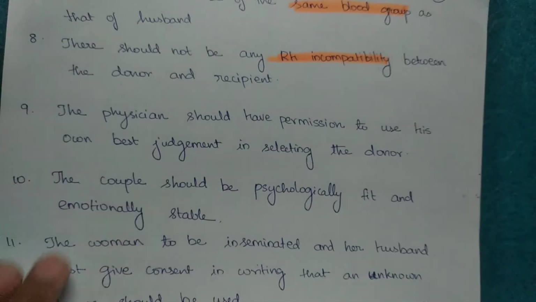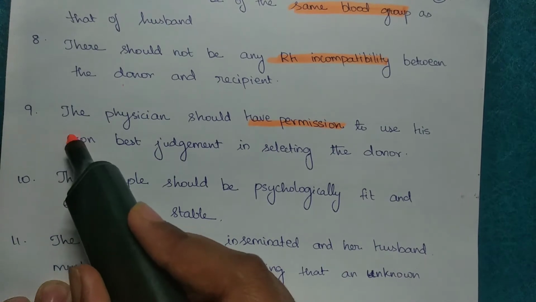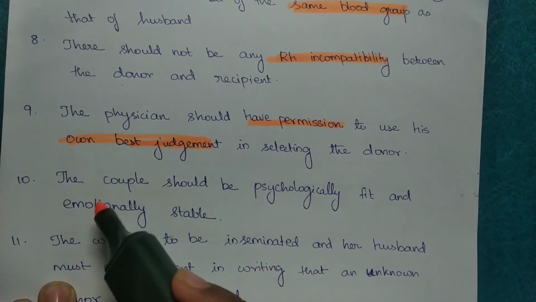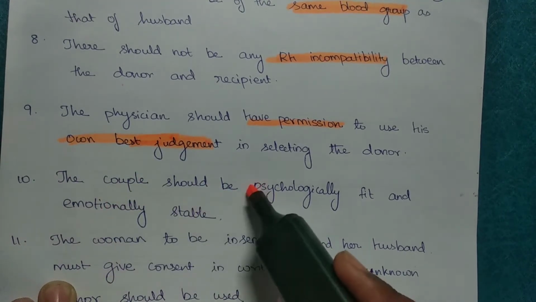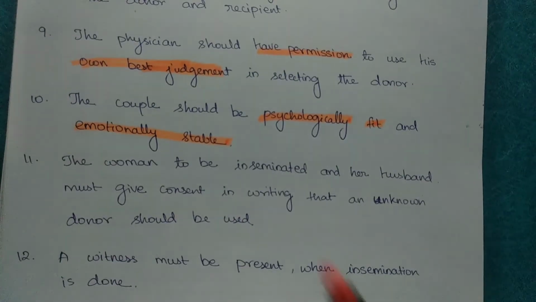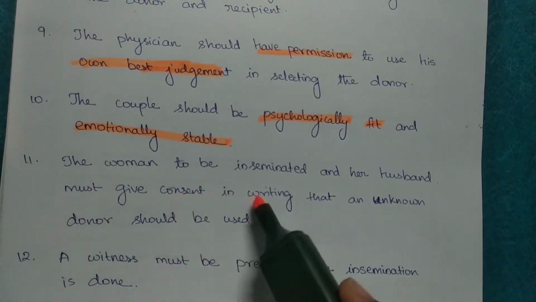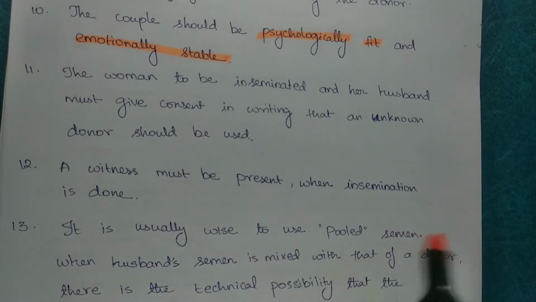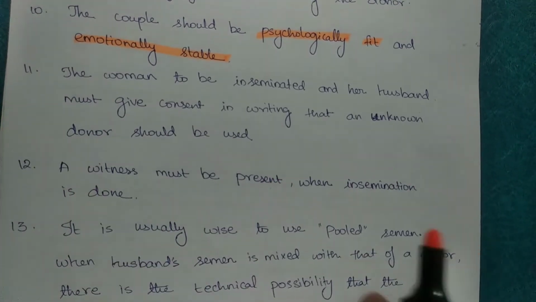The physician should have the permission to use his own best judgment in selecting the donor. The couple should be psychologically fit and emotionally stable. The woman to be inseminated and her husband must give consent in writing that an unknown donor should be used. A witness must be present when insemination is done.